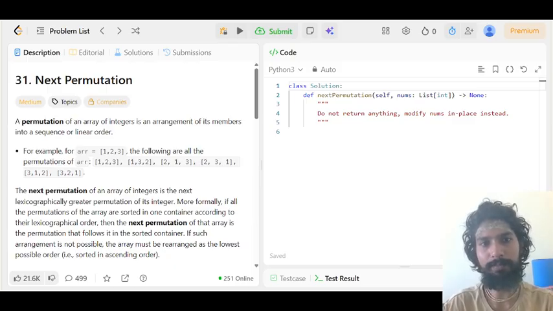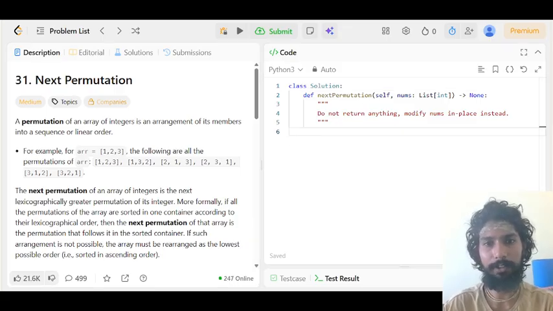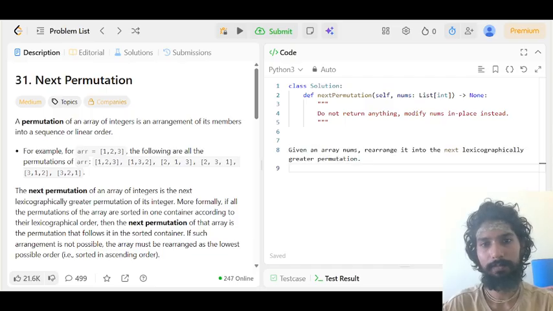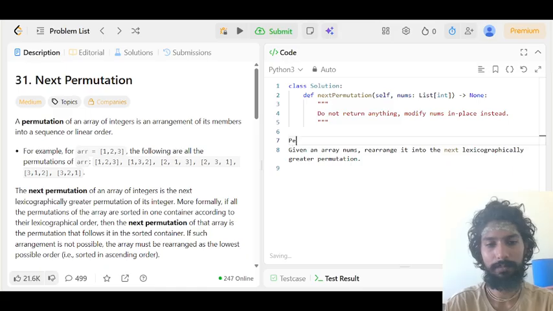So what is the problem? The problem is, given an array of numbers, we need to rearrange it into the next lexicographically higher order. This is our problem.